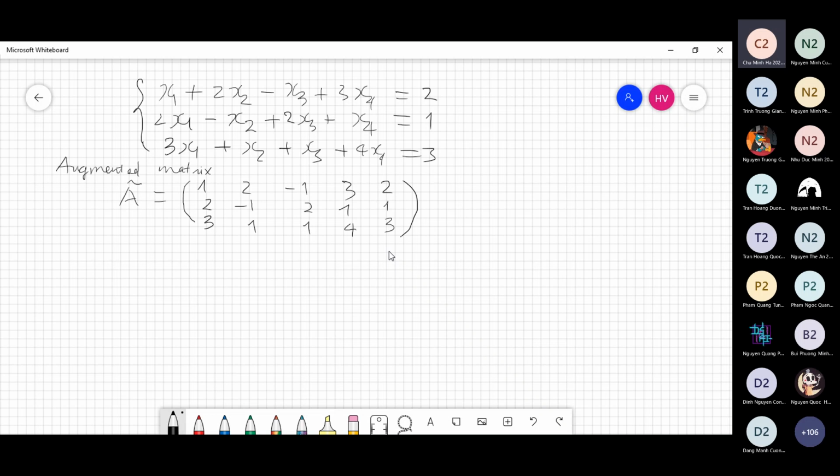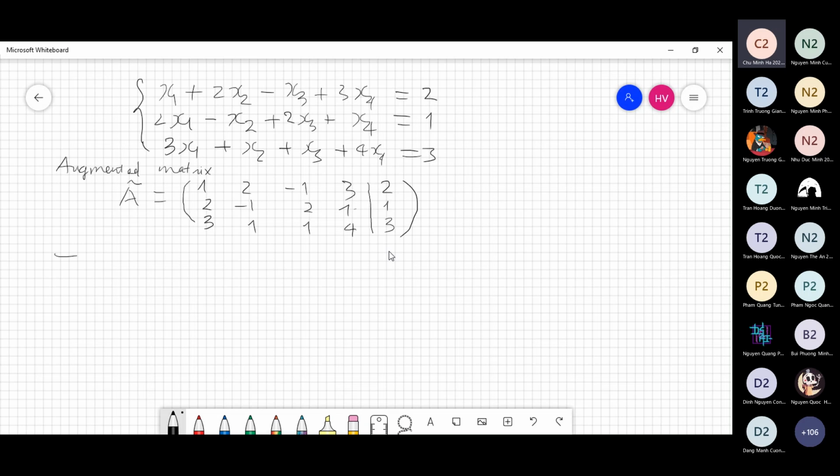You can use a slash here, but it's not necessary now because we already have many examples, so you are familiar with this now. If you like, you can put a slash here, but I don't like the slash now. But let's begin with that slash. Am I right? Let's check. Okay, it's incorrect now. So 1, 2, minus 1, 3, 2, 2, minus 1, 2, 1, 1, 3, 1, 1, 4, 3.